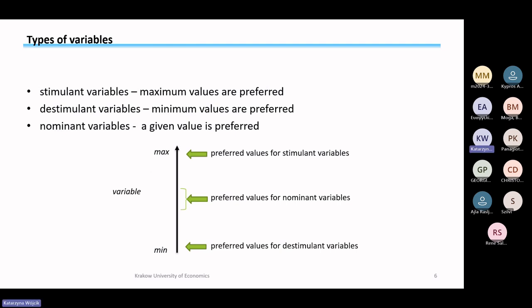Types of variables in the decision-making process. How can we perceive the different variables that we should take into consideration? We've got stimulant variables, for which we prefer the maximum values. So, for example, in the case of a car, what could be a stimulant variable?